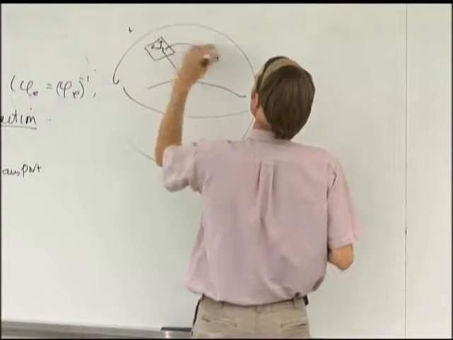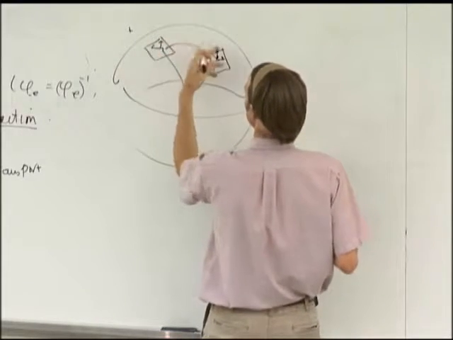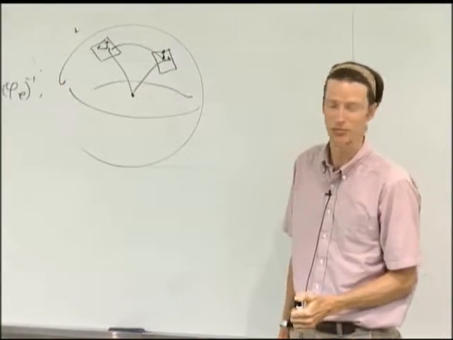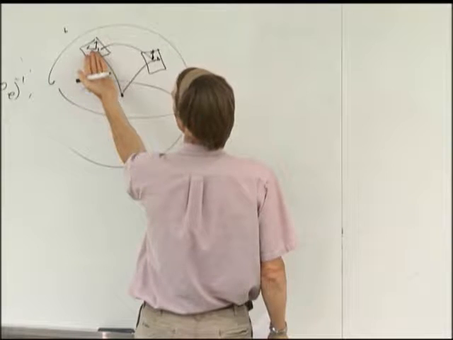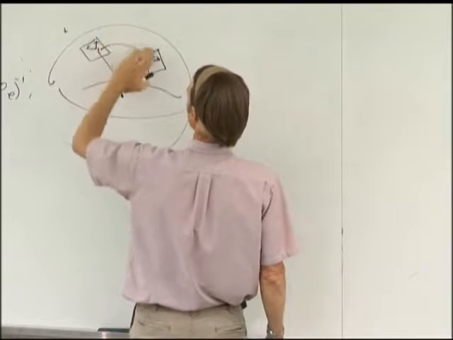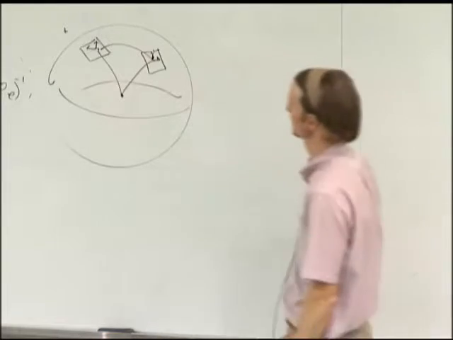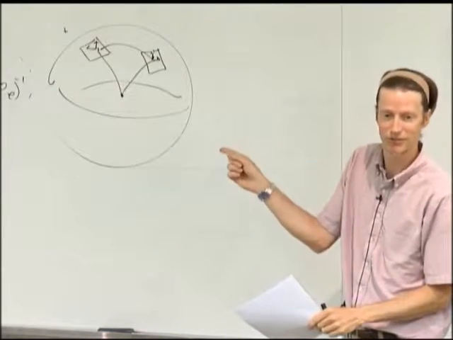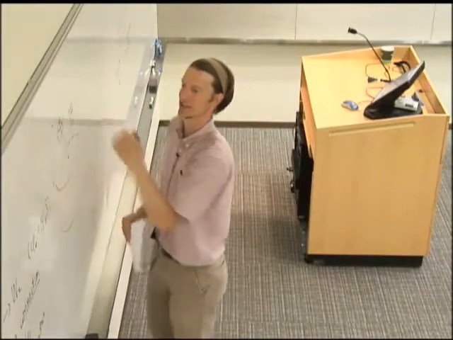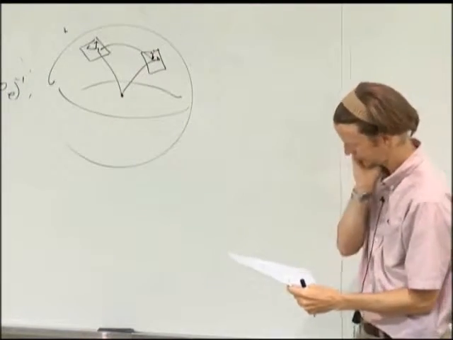If you want to transport the vectors here to there, you need some isomorphism between the corresponding things, and the natural one coming from the Riemannian metric is called the Levi-Civita connection, which essentially just slides the vectors along the curve, always maintaining the same angle with the curve. And that gives you a way to identify the tangent space here with the tangent space there. So that's an example where this setting naturally arises.